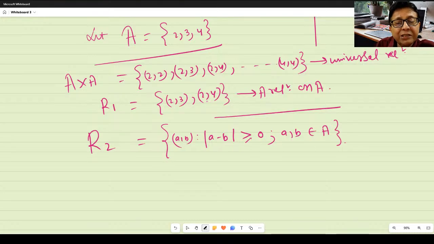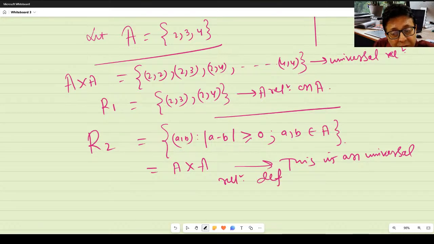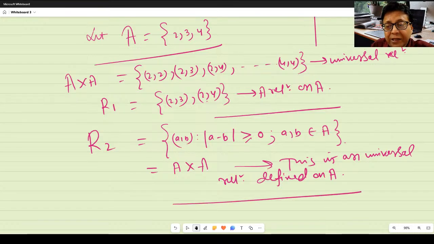This relation is actually A cross A. So this is a universal relation. This is a universal relation defined on A. Am I correct?